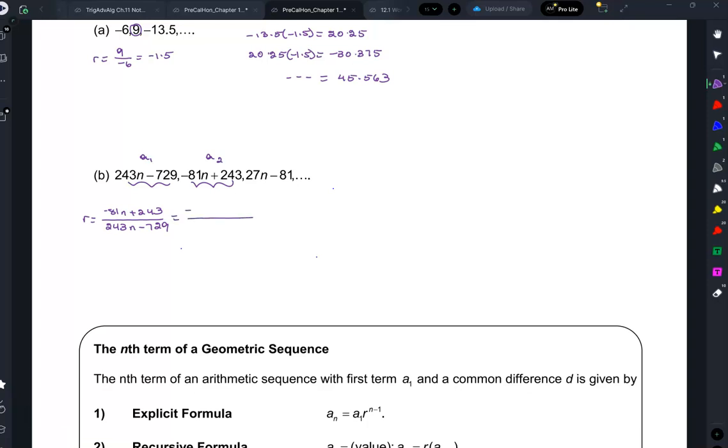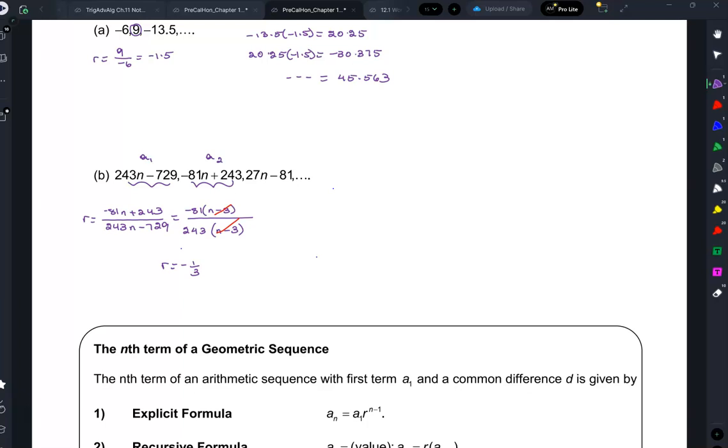It looks like I can factor out a negative 81 from here, and I get n minus 3. And I can factor out a 243 from here, and I get n minus 3. Okay, so the n minus 3's cancel. I have negative 81 over 243, which also reduces, so R is negative 1/3.